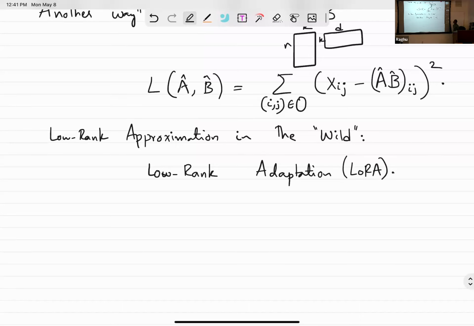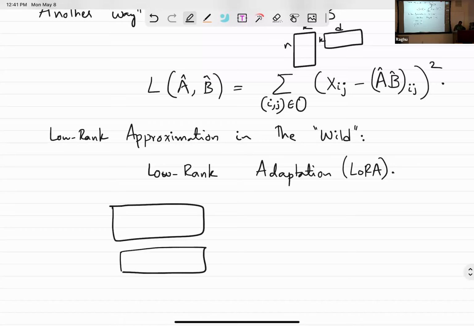So what this means is, imagine you are some company which is working on some giant model, like a large language model, and it's designed to do something. You have a bunch of weight matrices.